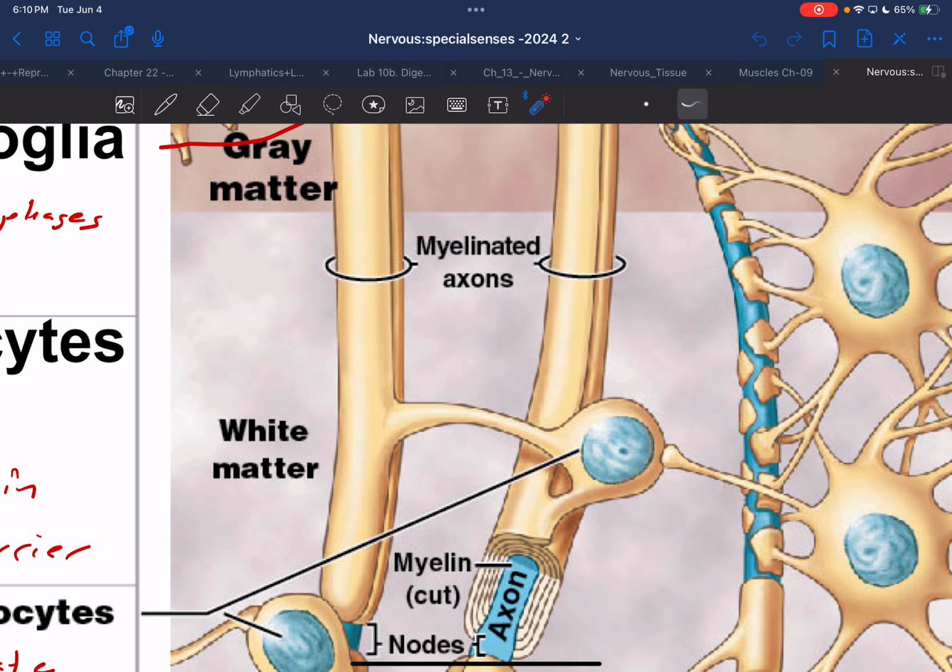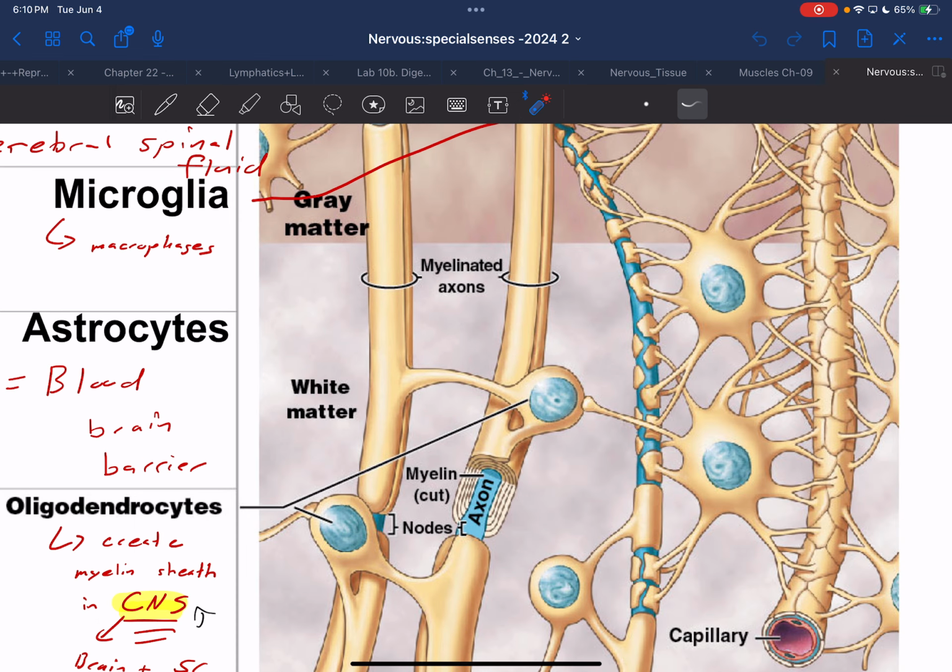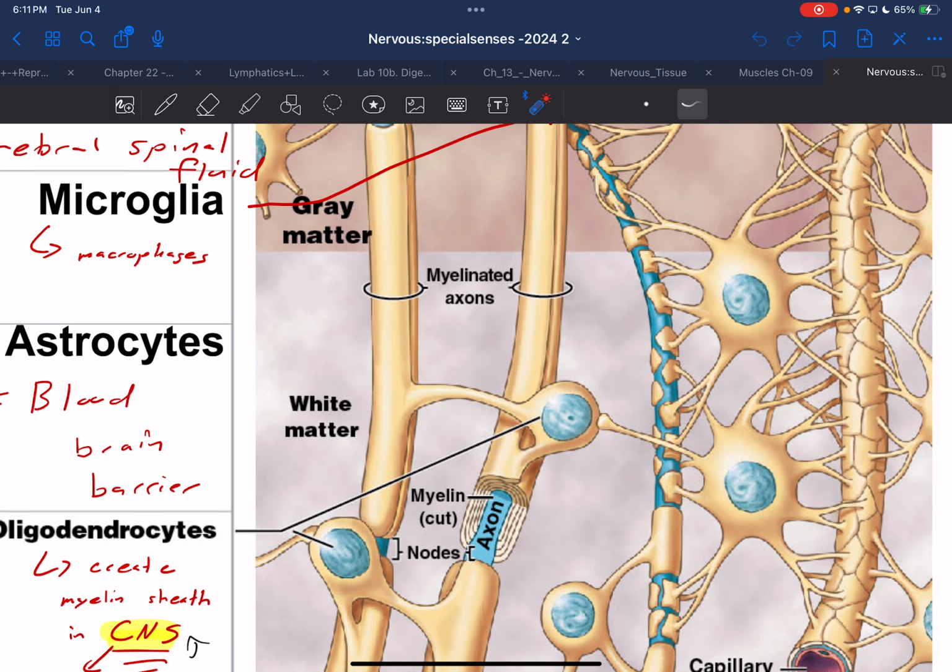And because of this myelin, you have myelinated axons, meaning these axons have myelin. You're going to be soon learning throughout your medical careers what demyelinating disorders are. Those are disorders where this myelin sheath is wearing out on the axons or being destroyed by your own body sometimes.